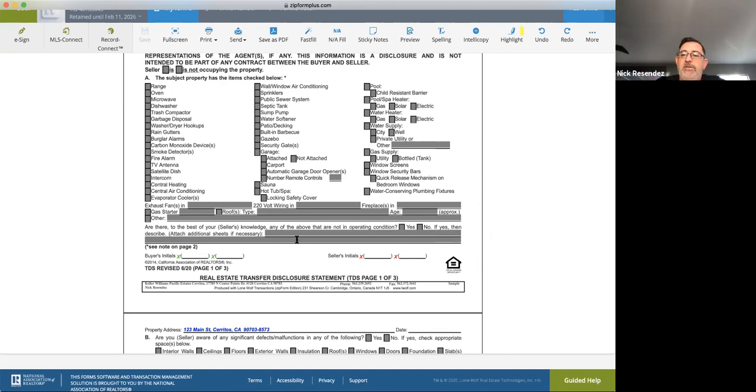And there's a section here to write in whatever is not functioning or not operating as it should. That very first form we looked at, the disclosure information advisory, says on it, if you check that there's a yes to something, yes, something's not working properly, you need to explain, describe, attach additional information, whatever is necessary to make a note, okay, about whatever's not functioning as it should, okay?